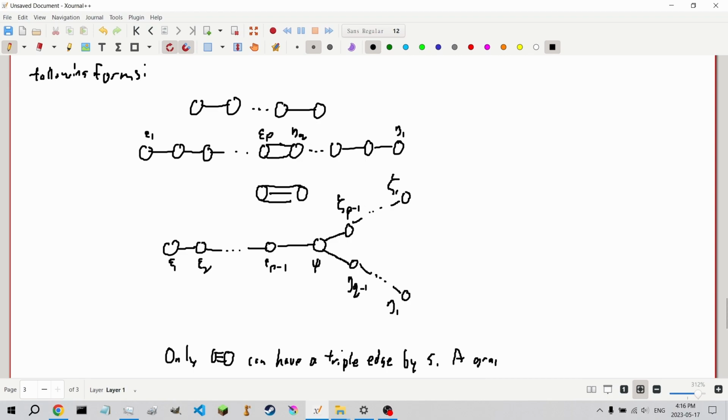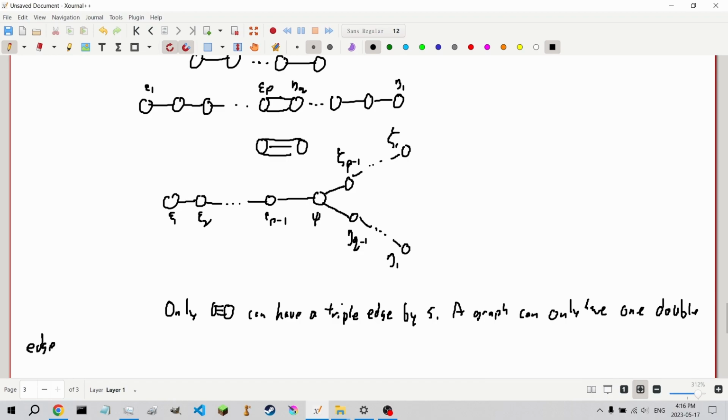A graph can only have one double edge, or else it would have a subgraph with a double edge like this, which we know is invalid, and which we saw.